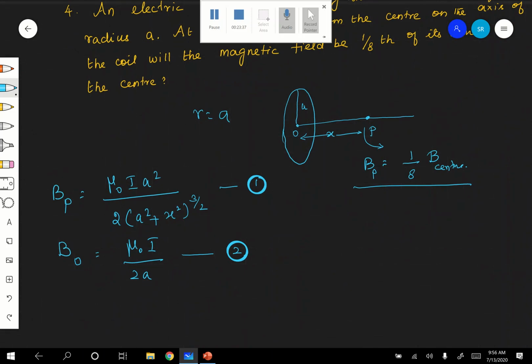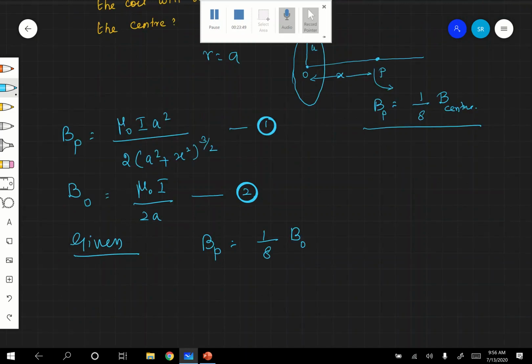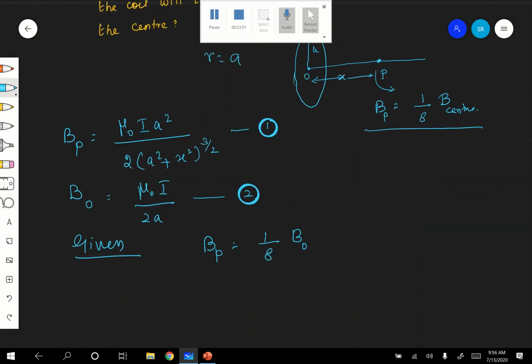Now given is, what is BP? That is equal to 1/8 BO, where BO is the center. Therefore mu naught I A square divided by 2 into A square plus X square the whole power 3/2 is BP.